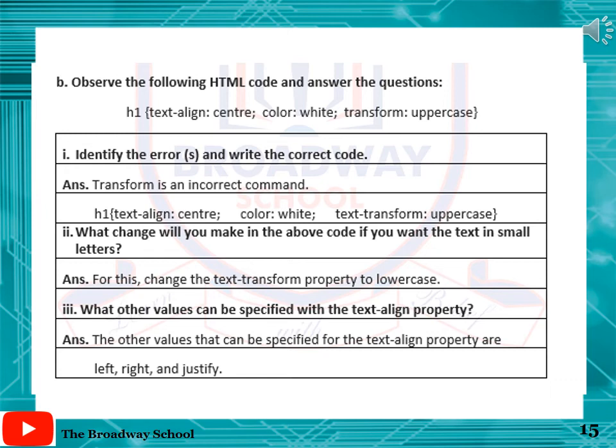What change will you make in the above code if you want the text in small letters? For this, change the text transform property to lowercase. What other value can be specified with the text align property? The other values that can be specified for the text align property are left, right, justified.